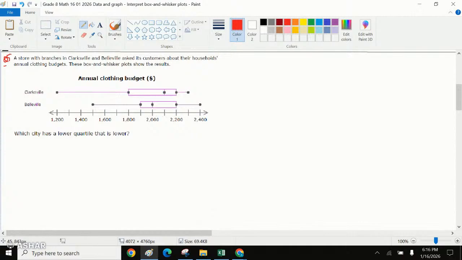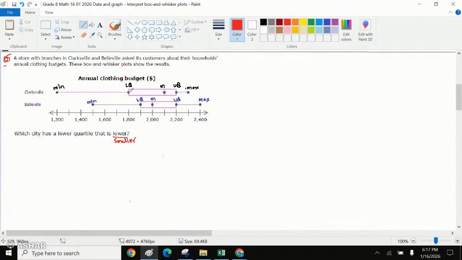Which city has a smaller lower quartile? So we simply mark them over here. We can say this was the minimum, this was the maximum, this was the lower quartile, this was the median, and this was the upper quartile, upper 75%. For the other one, this was the minimum, this is the lower quartile, this is the median, this is the upper quartile, and this was the max, right? So this city has a lower quartile.